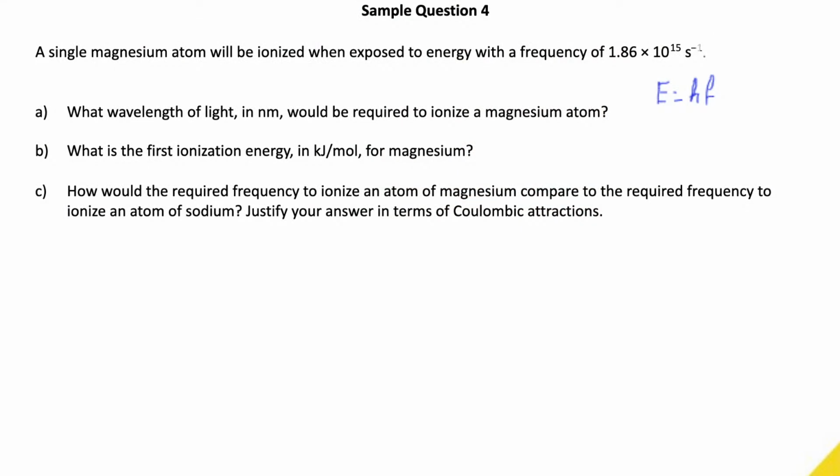I know the velocity of light is equal to frequency times wavelength. These are basically the equations I want to work with here. It's okay to write them down so you have them. Now we may use these equations, we may not.